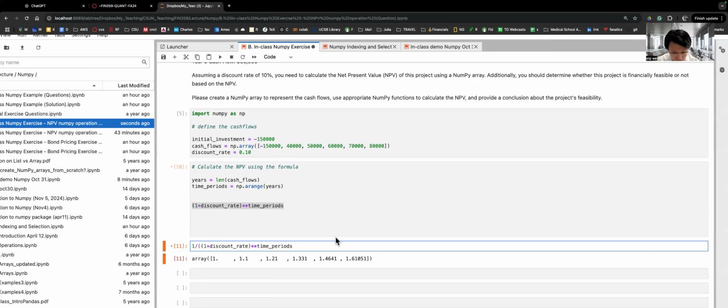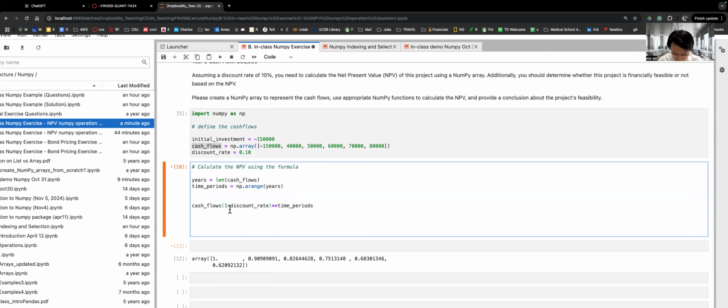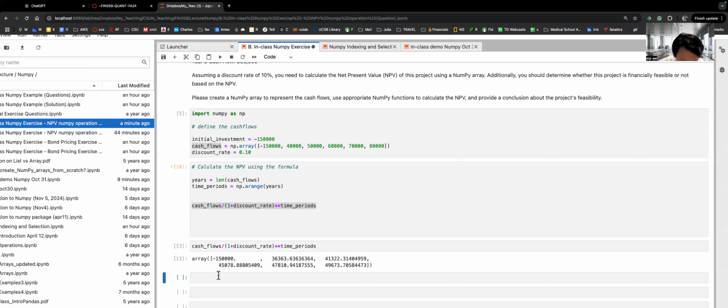To sort out the discounted cash flows, we have to apply the discount factors to the cash flows we defined. Now think about what the cash flows over 1 plus the discount rate to the power of time periods are. Well, that's essentially the discounted values of each one of the project cash flows, right?